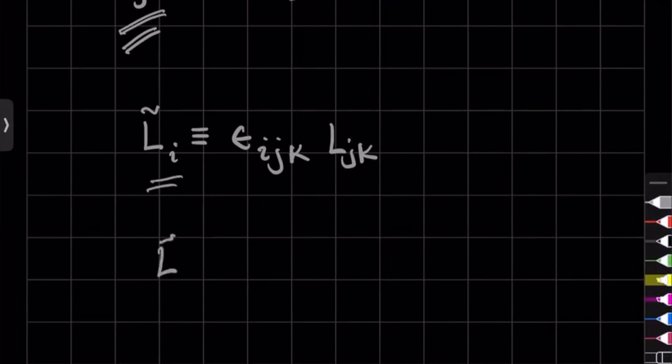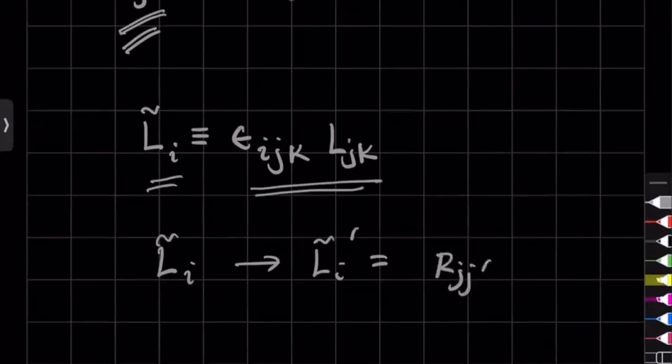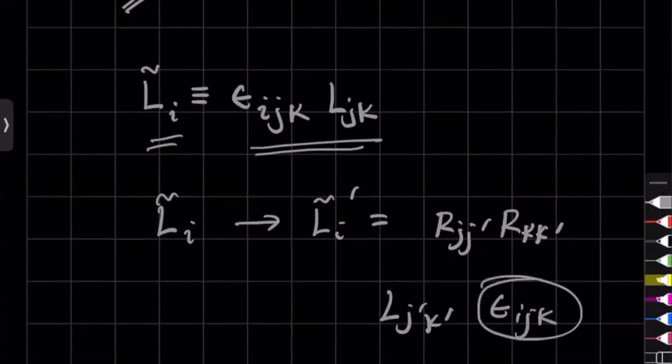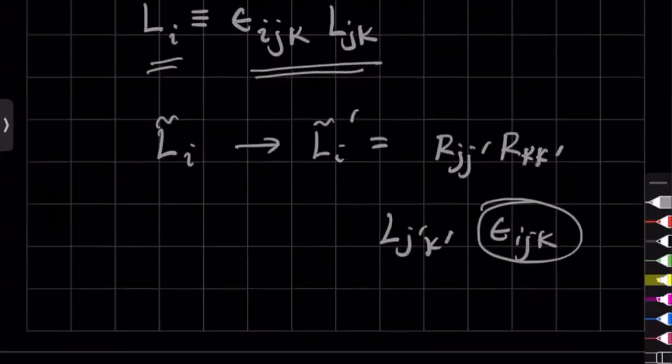Under a rotation, L tilde goes to L tilde prime, and according to this definition we'll have R_{jj'} R_{kk'} L_{j'k'} epsilon_{ijk}. We know that epsilon is invariant, so I'm not bothering to write the matrices for it.